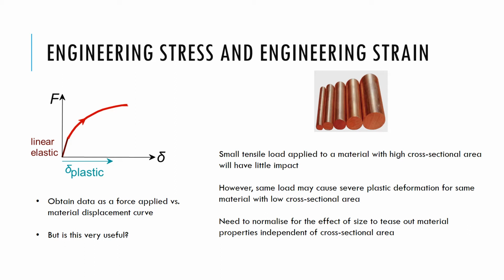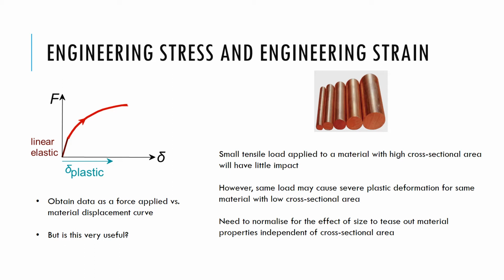But the data that you gain from an instrument and the data that you're going to see in your coursework is raw data: the force applied to a material versus the displacement of that material. Okay, essentially how much it's been elongated. Now that's the raw data, and it raises the question as to whether or not that data is in the most useful form. Does that tell us everything we need to know about the material?